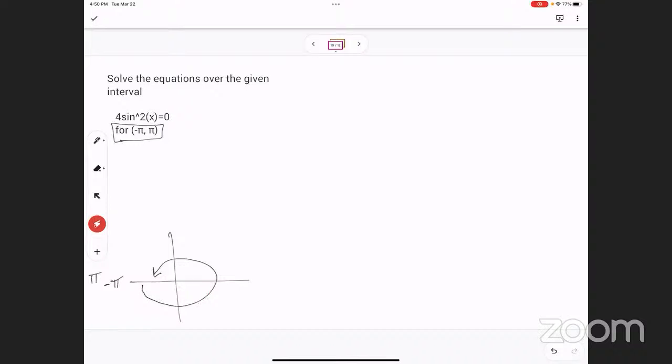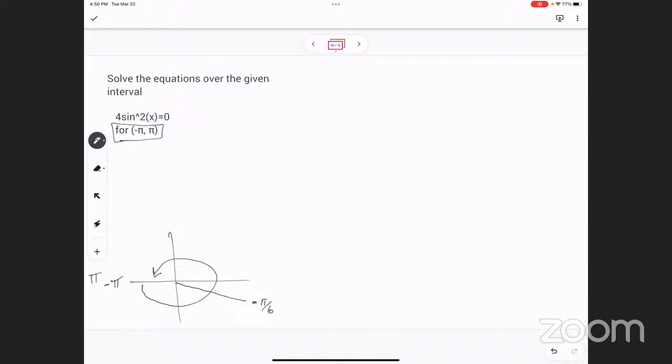You remember how there's different ways to write this? You could have written this as negative pi over 6 or 11 pi over 6. So when it's asking for negative pi to pi, you just look at the third and fourth quadrant? Yes, but you're looking at the whole thing, but you're not writing it as 0 to 2 pi.